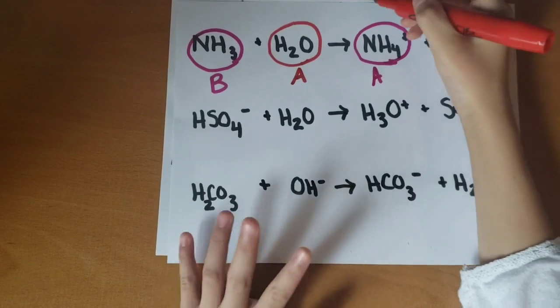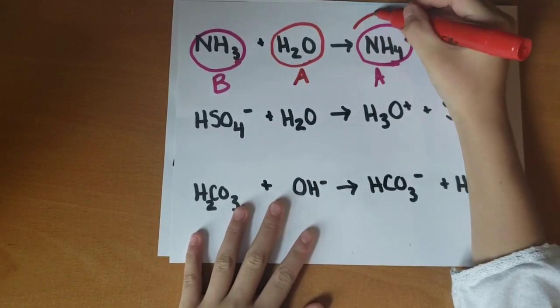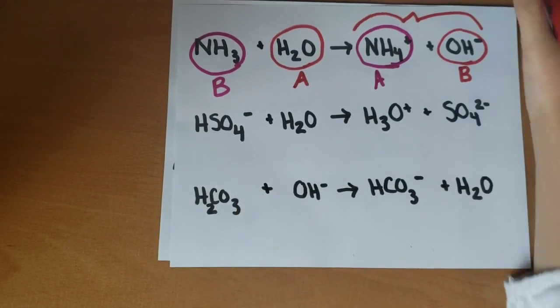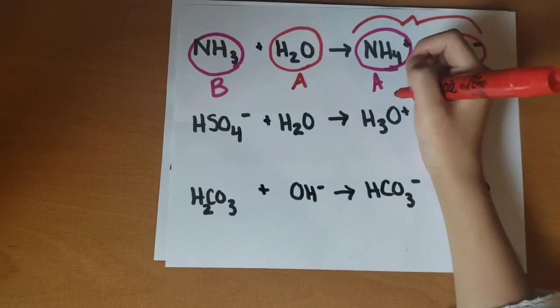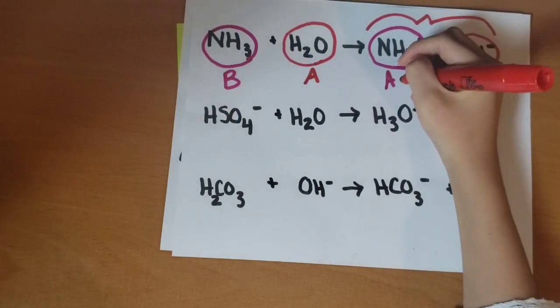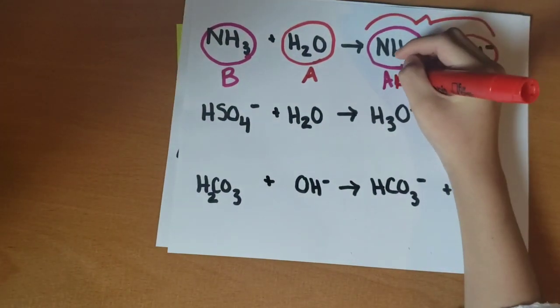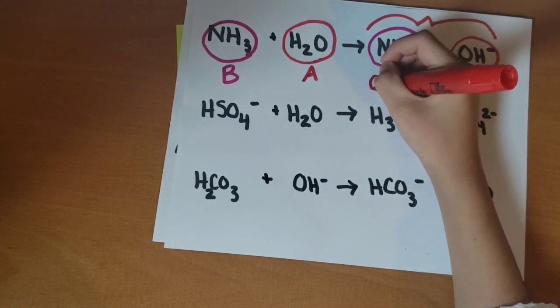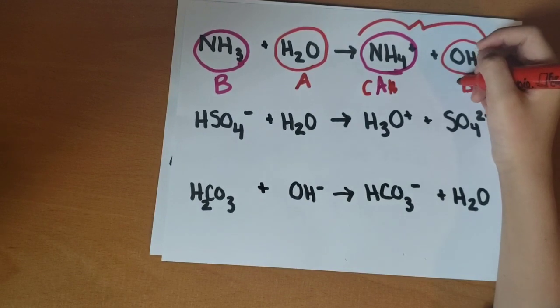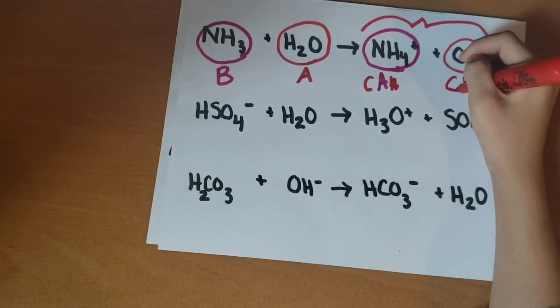And to the right of the arrow are the conjugates. So this would have been the conjugate acid, and this one would have been the conjugate base.